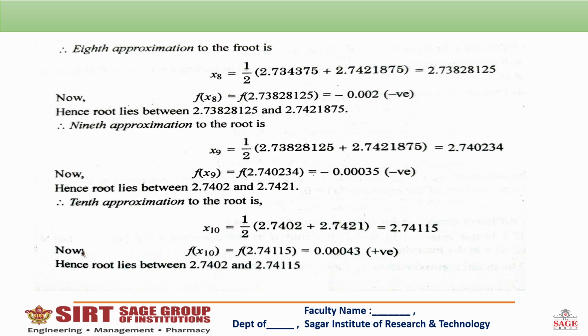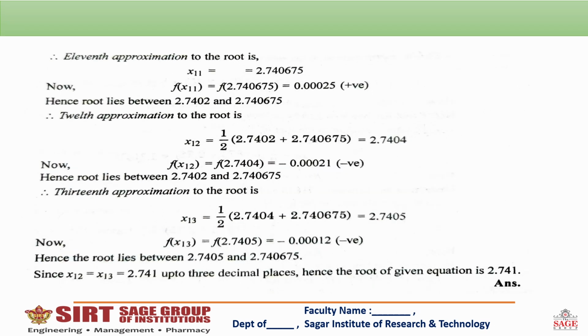So we will continue our process and find x8, x9 and x10, and continue this process till the decimal places match, up to 3 decimal places. So we can see that x12 is 2.7404 and x13 is 2.7404.